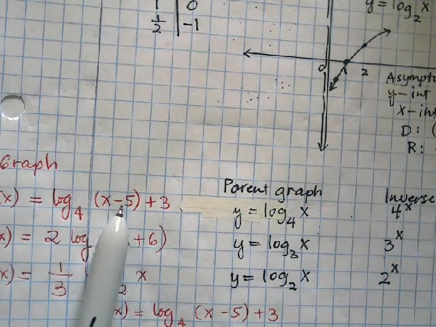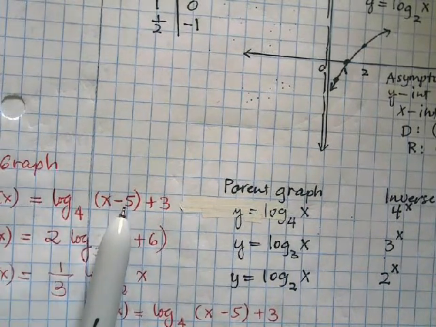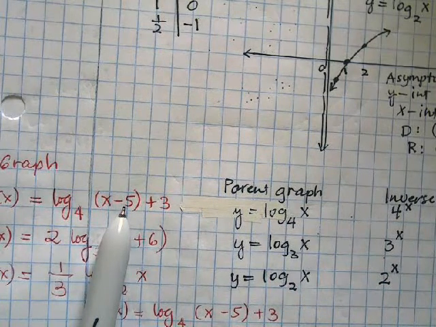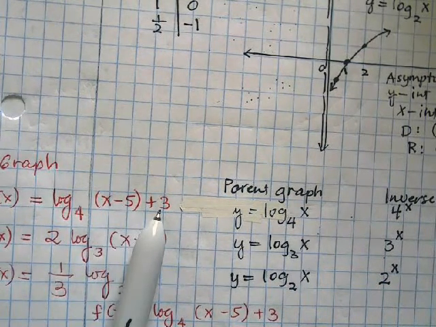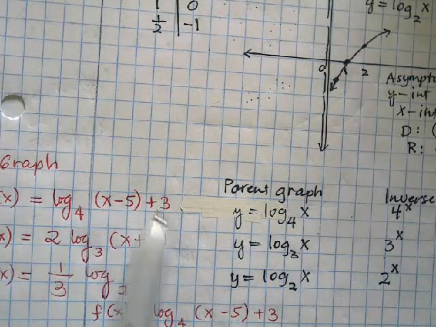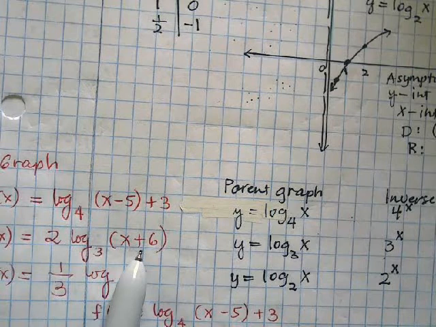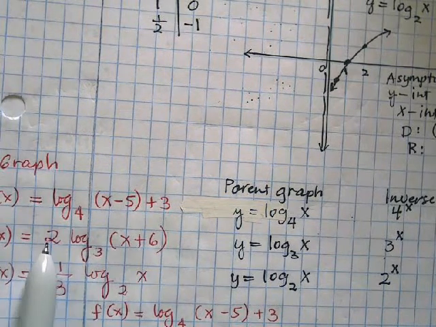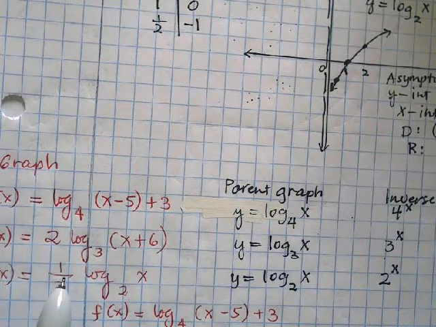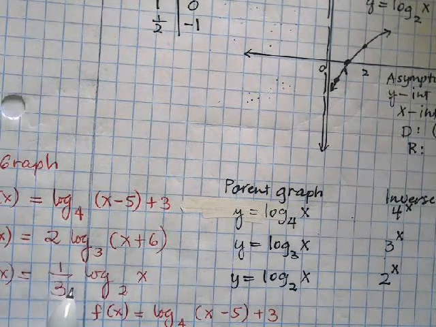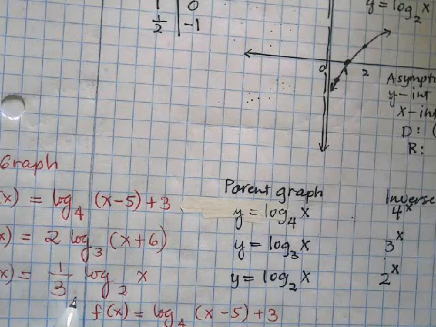We start with this one: translate 5 units to the right and translate 3 units up. This one will translate 6 units to the left and vertically stretch by 2. And this one is vertically shrink by a factor of 1/3.